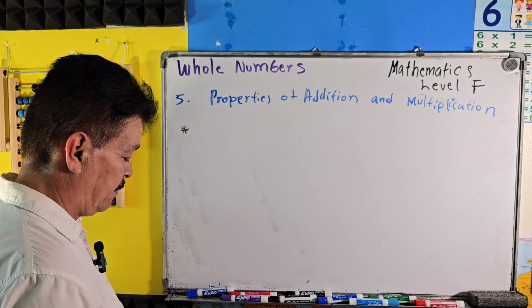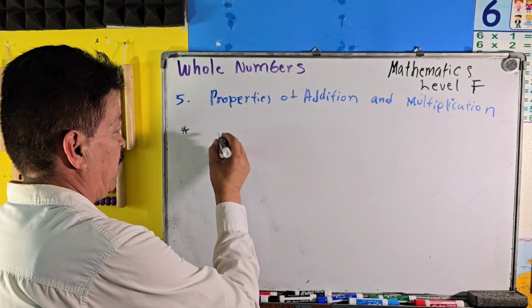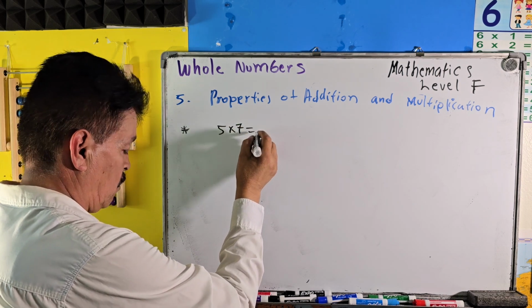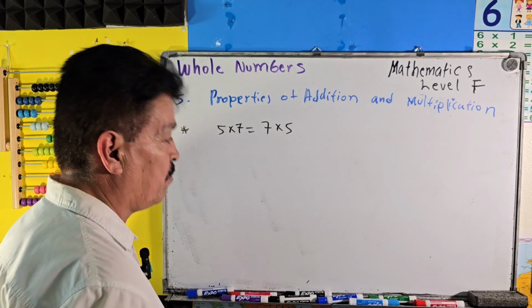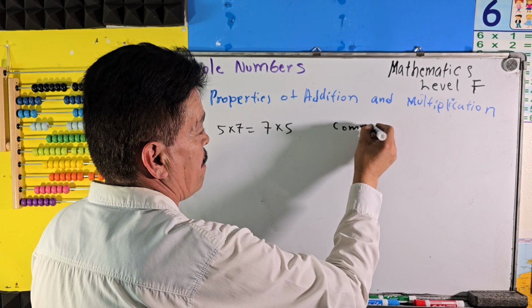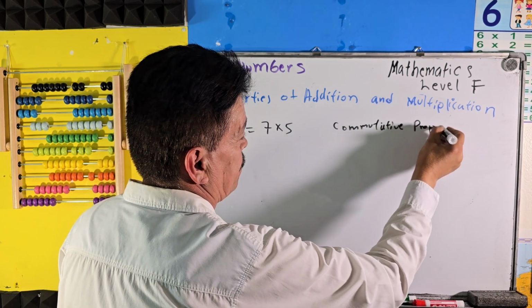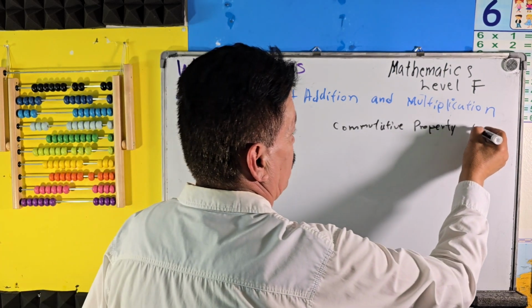For instance, what is the name of the property here? We have 5 times 7 equals 7 times 5. This property is called commutative property of multiplication.